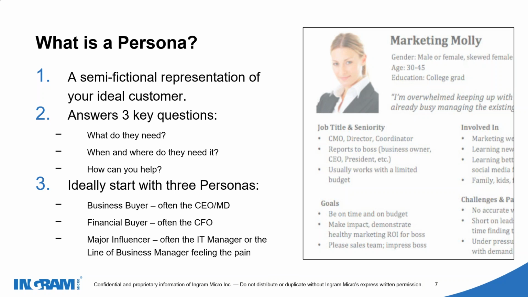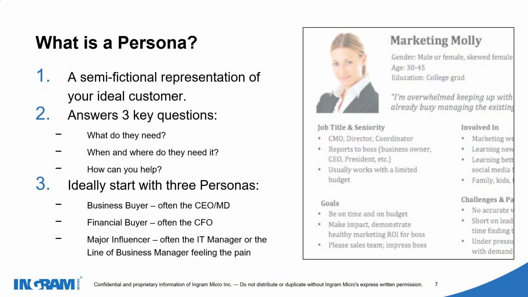That's what the larger organizations will do, and what we always try to do when we work with our customers. But the persona is really about answering three key questions. What does this person need? When and where do they need it? And how can you specifically help them? So it's really about defining their problems, their motivations, where they search for information, and what information they're looking for at different stages.